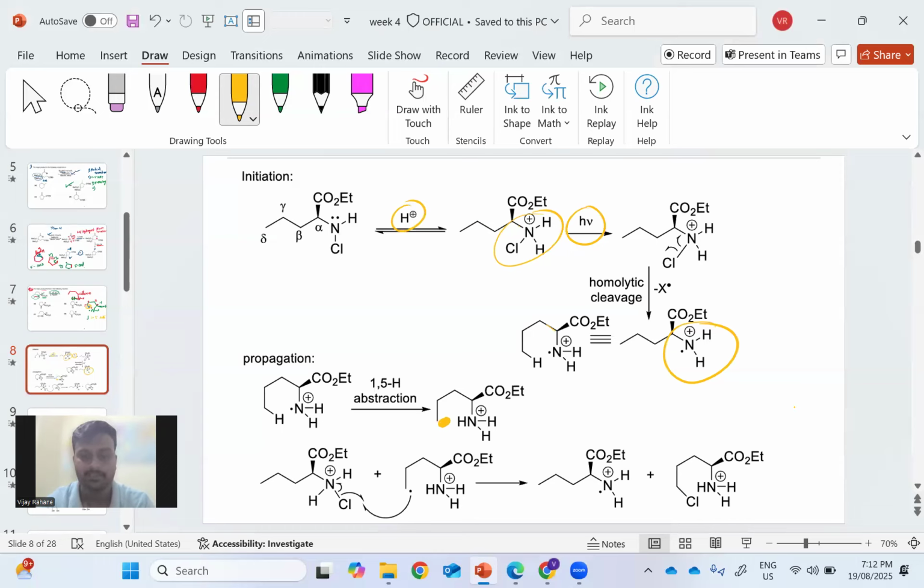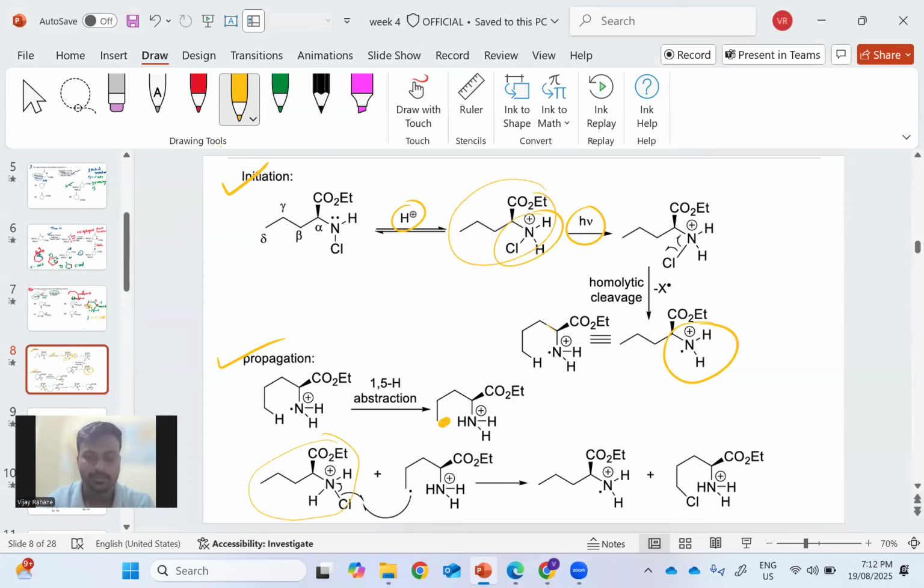And once this radical is formed, this will be a catalytic, continuous process now. So the radical formation up to here was the initiation. Now this product is formed in the first step here.